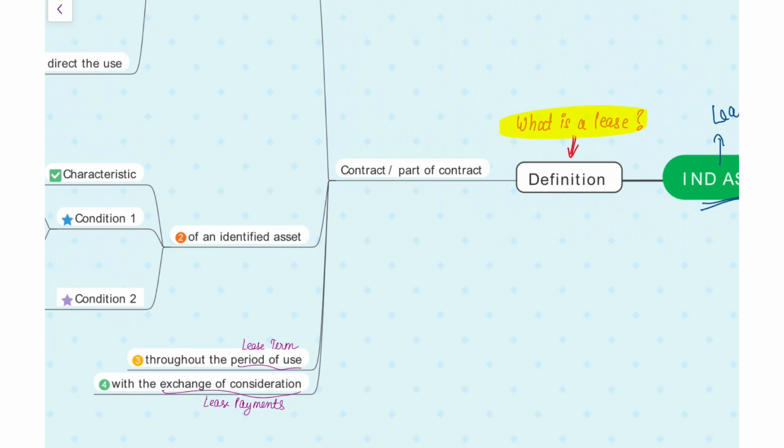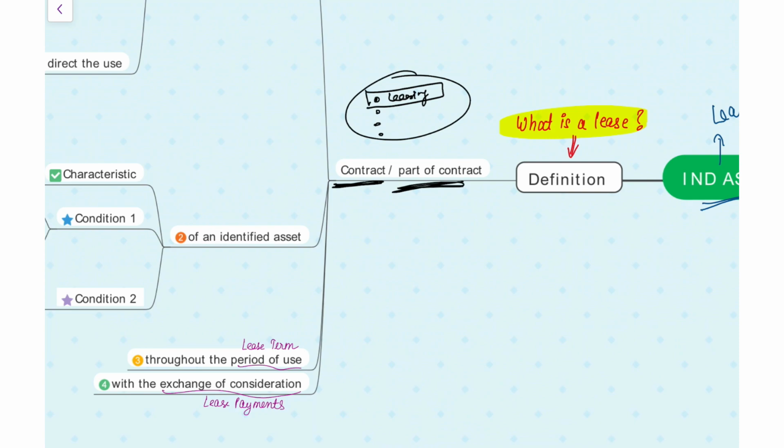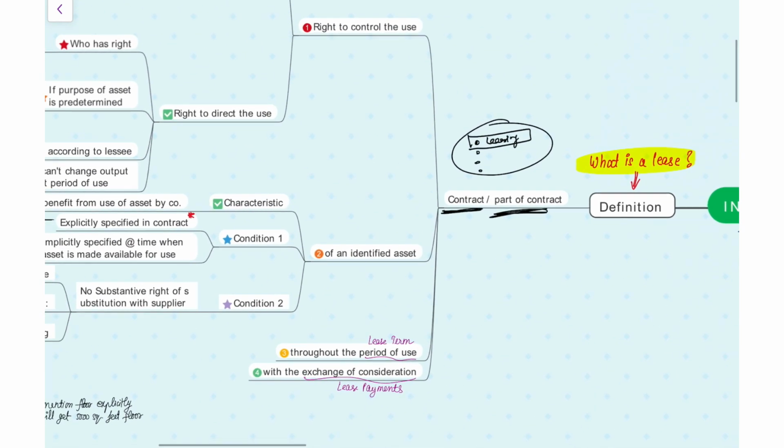Until now, you would have understood that there will be one contract, and in that contract there might be a lot of points included. One point might be related to the leasing of an asset. This leasing can either be the entire contract itself, or a part of the contract can be about a lease. In that part of the contract, where you have mentioned leasing, there are a few things you have to be explicit about.